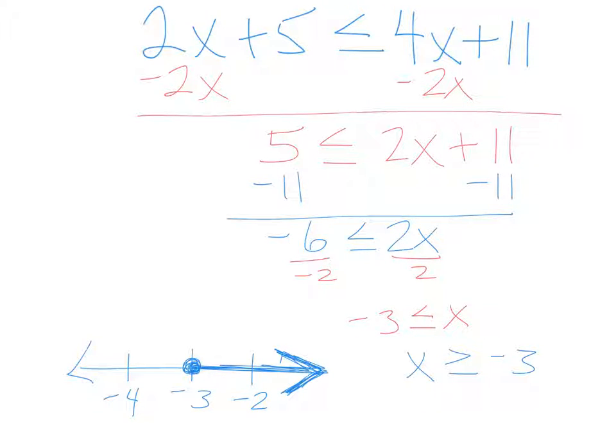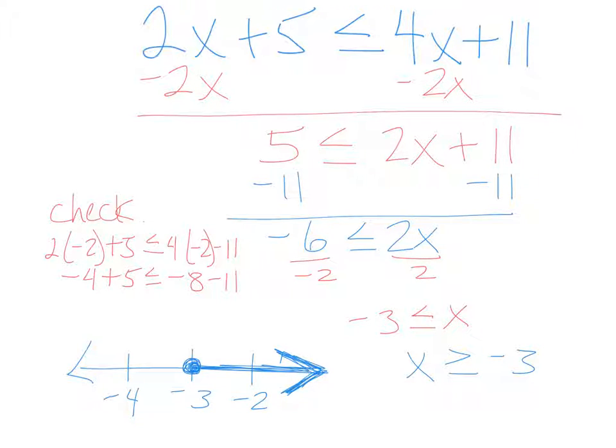Now, if you're not convinced, let's do the check. So since negative 2 is greater than negative 3, I'm going to use negative 2 and see if this will be true. So 2 times negative 2 is negative 4. 4 times negative 2 is negative 8.